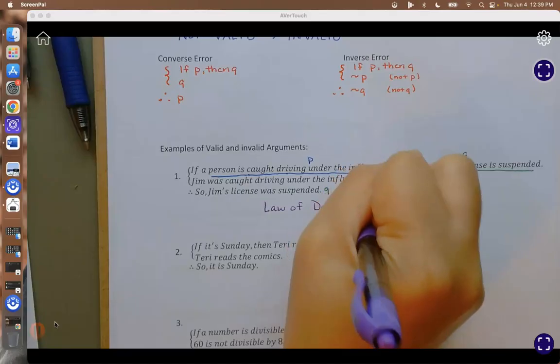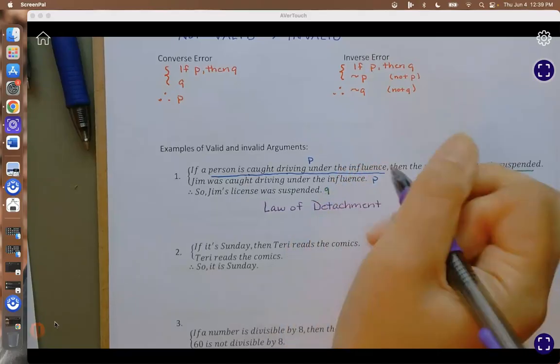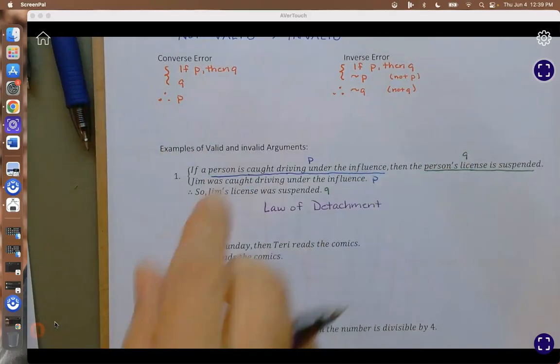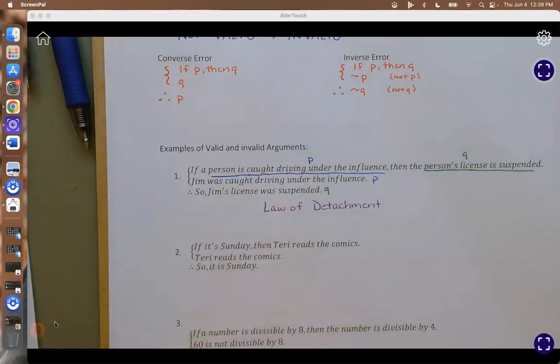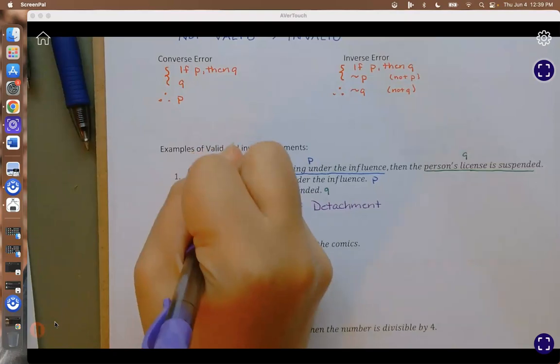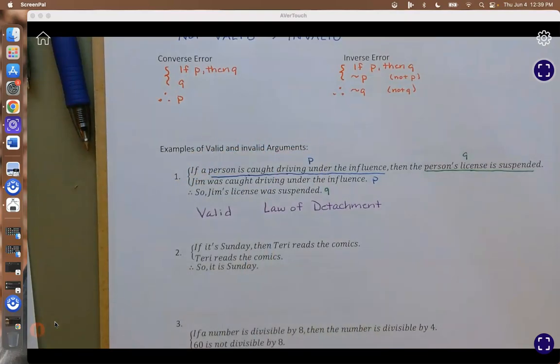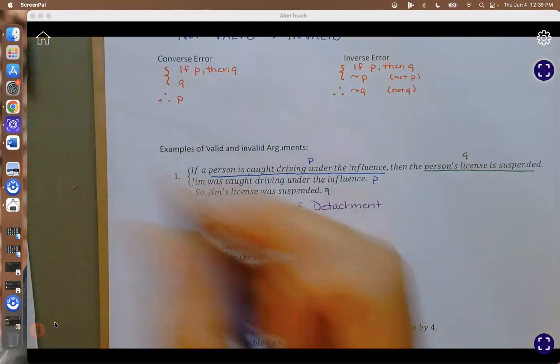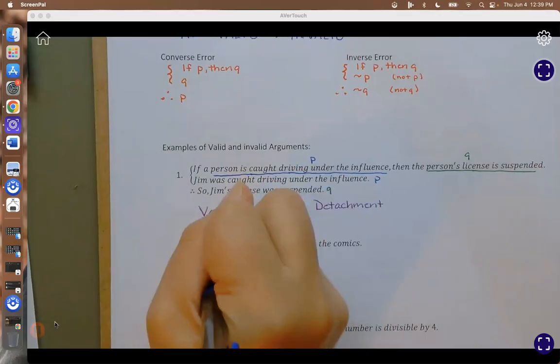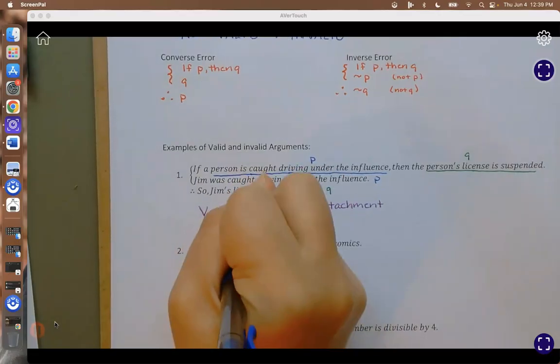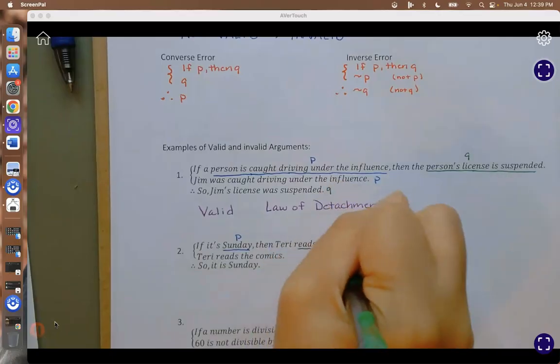Now, when you have your quiz on the forms, you're not going to have any examples. You're just going to have to fill in the 5 things, the 3 valid and the 2 invalid. But when you get to your test, you're going to have to do some examples. So that's valid. All right, next. If it's Sunday, so Sunday is P, Terry reads the comics.